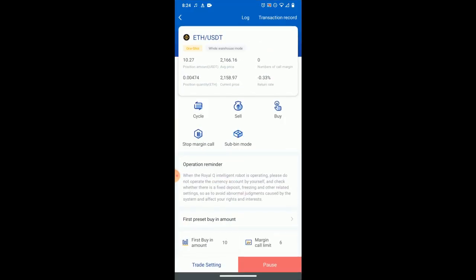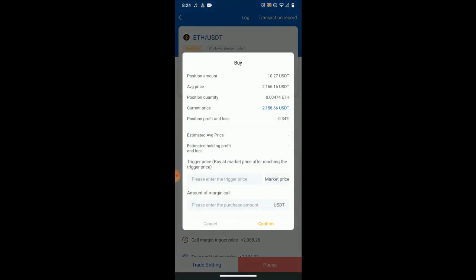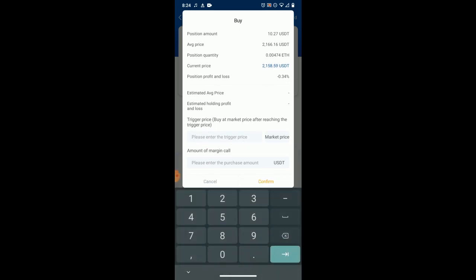Now, let's go back. Let me click on buy. If I click on buy, it says please enter trigger price here. I'm going to enter the price I want to add up. I will add up $10 to that trade now. No, sorry. Please enter the purchase amount. I will put $10, the margin amount. Estimate.